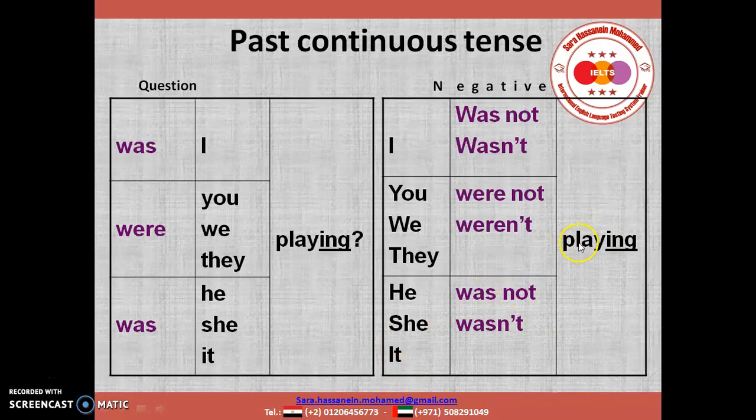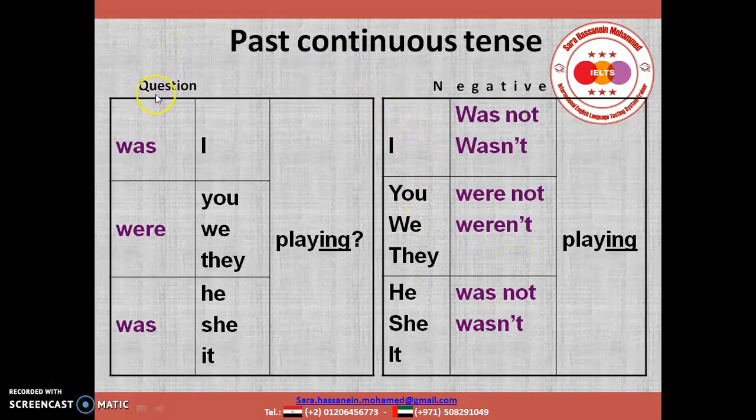It was not playing. In order to make it negative, all you need to do is add not to was or were to change it from the affirmative form to the negative form. And of course, I can contract was not to wasn't, or were not to weren't.